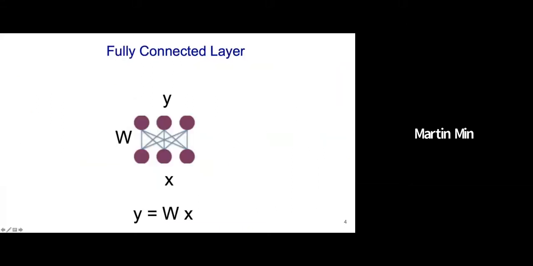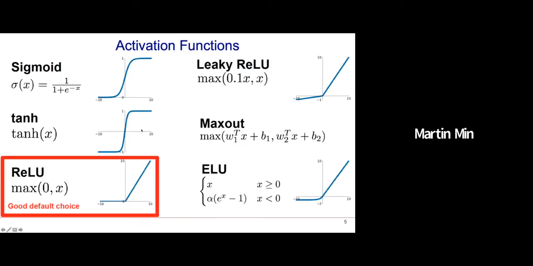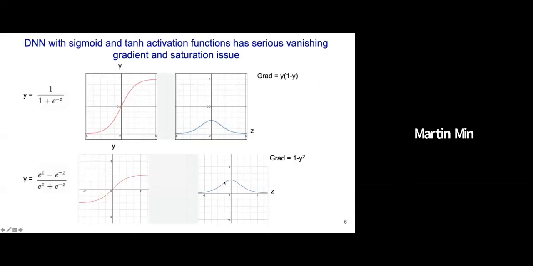So basically, you apply the activation function element-wise on each output unit. For the ReLU function, if the input to this output unit is negative, you just output 0. If it is positive, you just output that value, x. There are other types of activation functions, for example, leaky ReLU, maxout, and ELU. I will not discuss them.